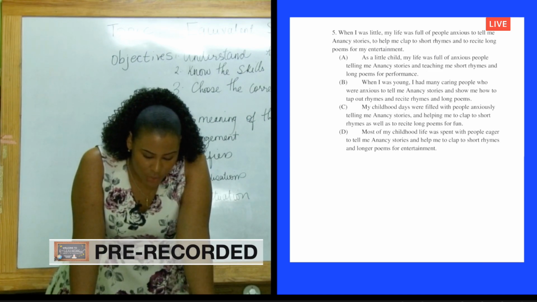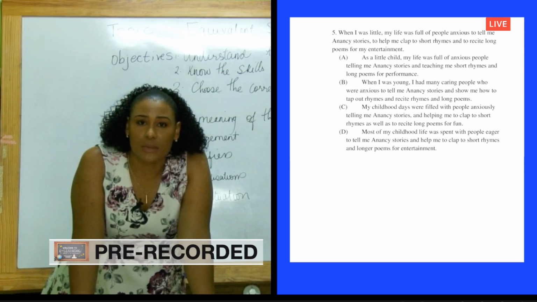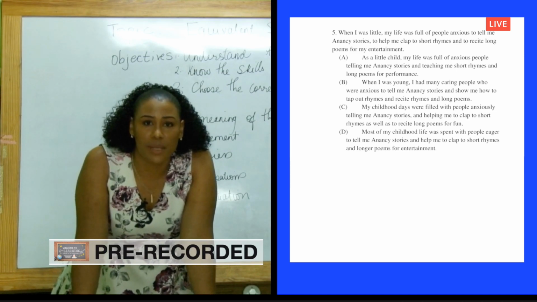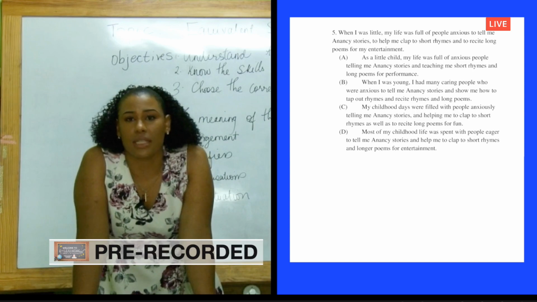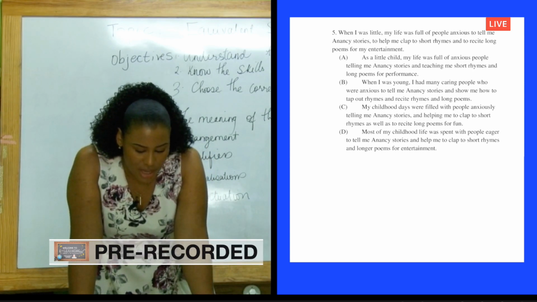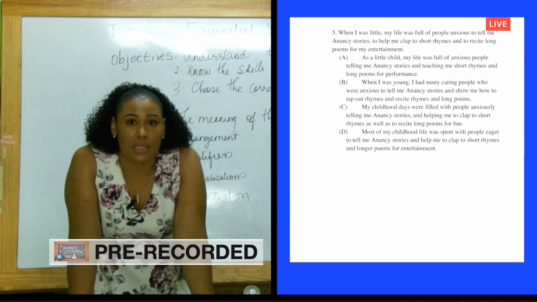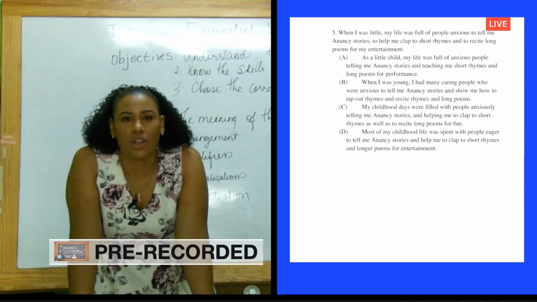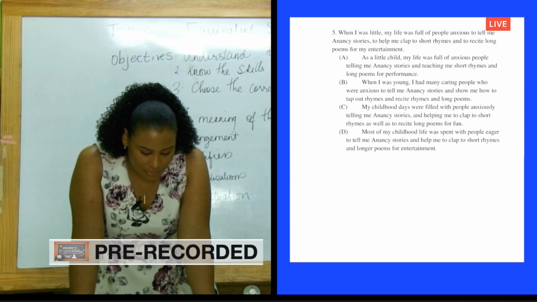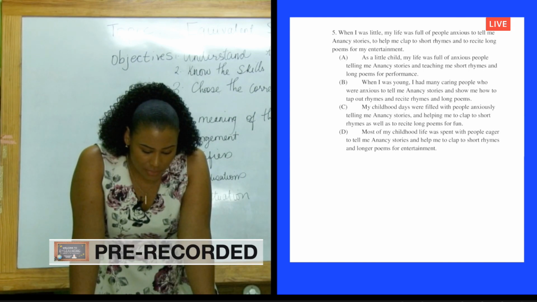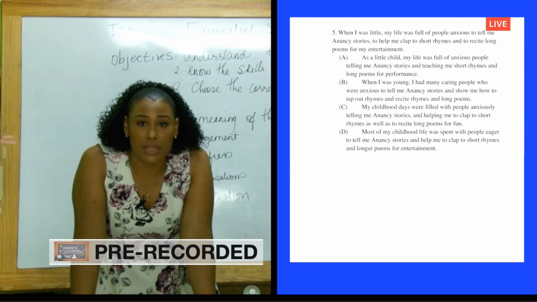Did you choose option C? Did you notice that in option A, anxious people there, the arrangement of that order is very different. Anxious in this sense, saying people are scared, not eager.